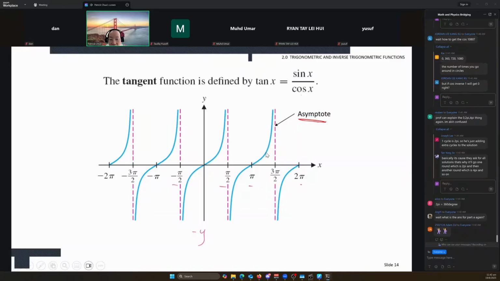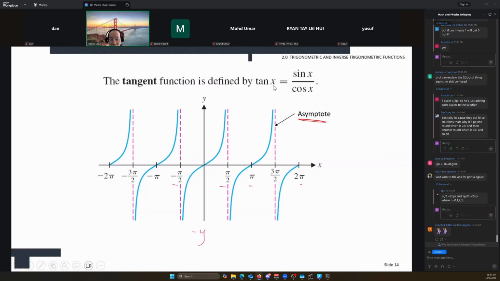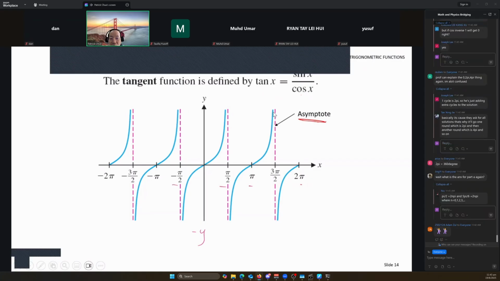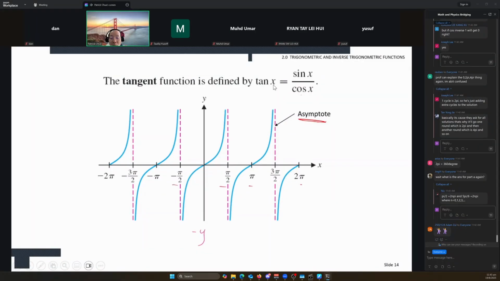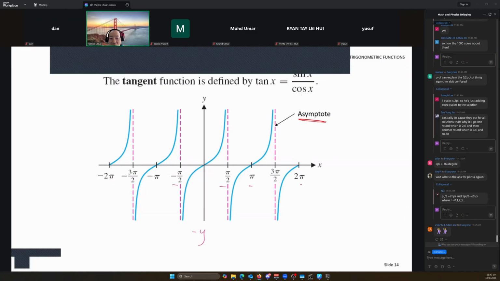So the tangent curve, as it goes upwards, will gradually, very slowly approach the asymptote, but it will never touch the asymptote. It will forever, all the way to infinity, move parallel to the asymptote, but never cross it.